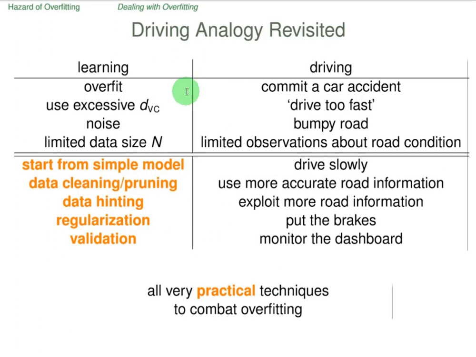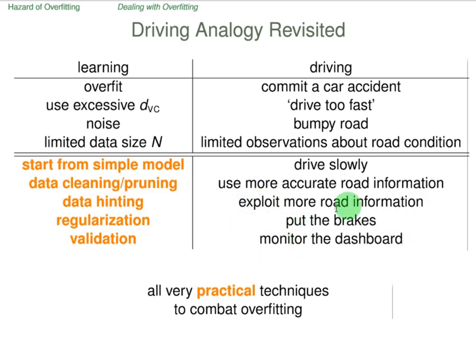If we revisit our driving analogy, we can show some simple rules that we can consider to avoid overfitting or committing a car accident. So first, we should drive slowly, okay, to avoid committing car accident, and exploit more road information, put the brakes, and monitor dashboard.